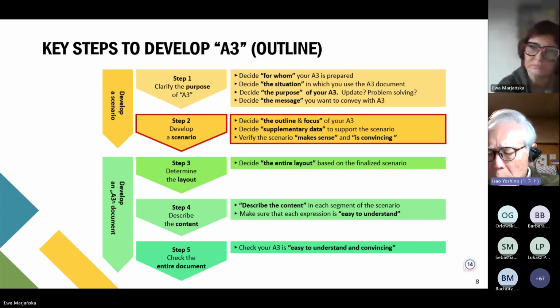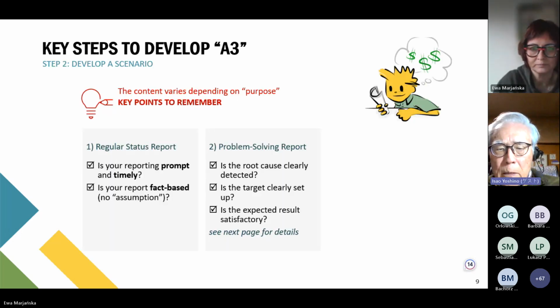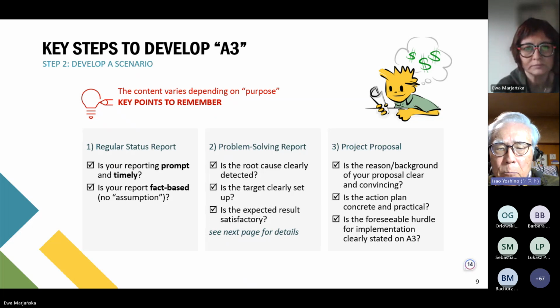So for details, please take a look at page 9. This is the step 2 scenario. On the left-hand side, 1, 2, 3, regular status. There are 3 or 4 different purposes to use this A3.